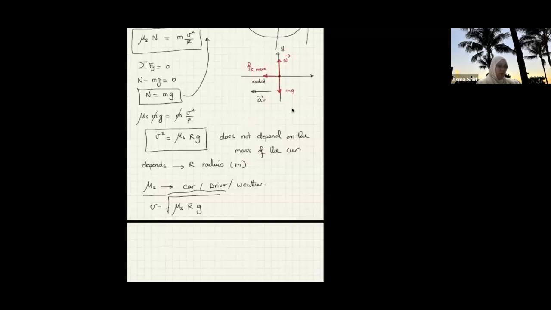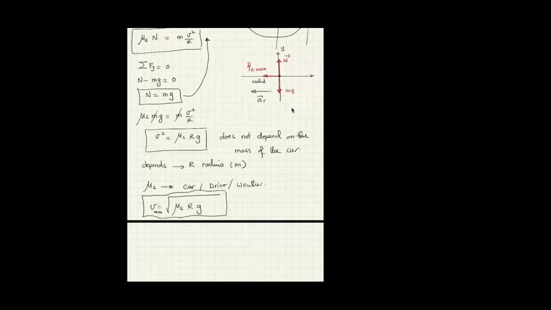This is how you are going to calculate the maximum velocity that the car is going to go. Now, if the car goes with a velocity more than this, it will go out of the track. Okay?